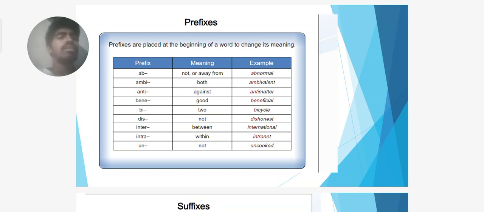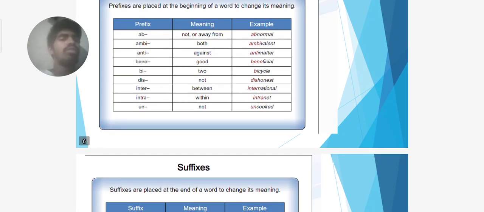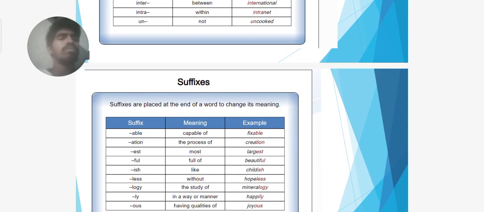Anti means against, antimatter. Bene means good, beneficial. Bi means two, bicycle. Dis means not, dishonest. Inter means between, international. Intra means within, intranet. Un means not, unknocked. These are all the prefixes. Normal is different, abnormal is different. By adding the prefix, the total meaning changed.